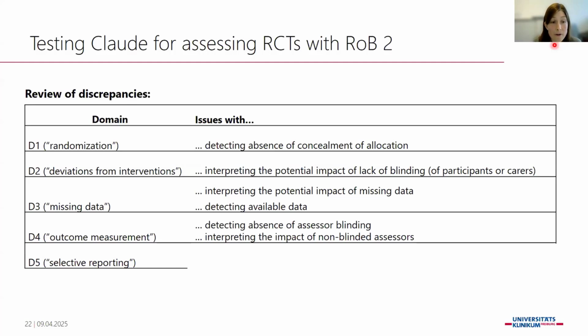And here, the fourth domain, it was again detecting the absence of assessor blinding of outcome assessors, and also interpreting the impact of non-blinded assessors.